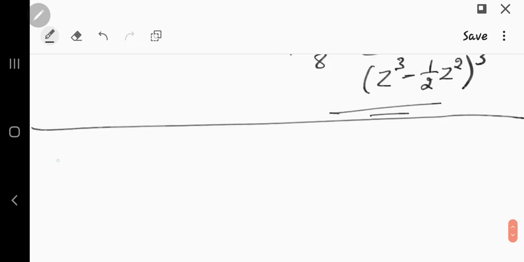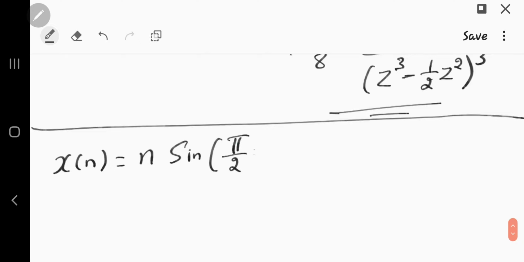And I will give you one more problem. You just try this at home on your own. n sine pi by 2 n into u of minus n.